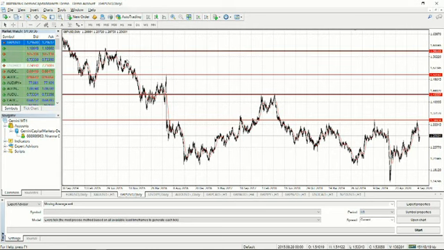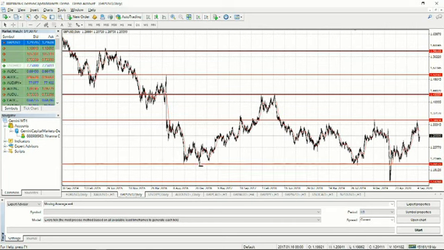What that means is I've drawn my levels, and I'm not the only one doing that. I'm looking for areas where the market has been turning around or rejecting, and in those areas I'll be looking to buy or sell depending on where price is in time. That is the reason why it works.